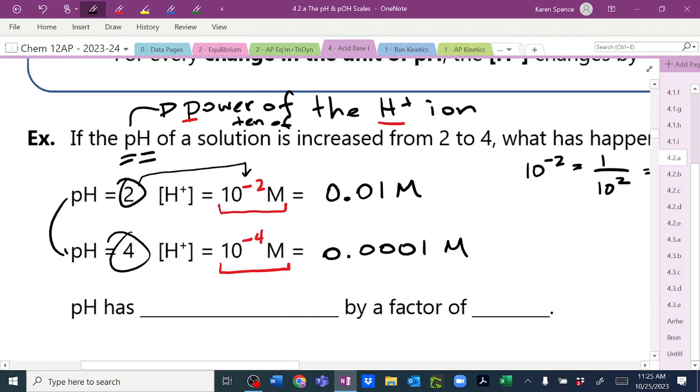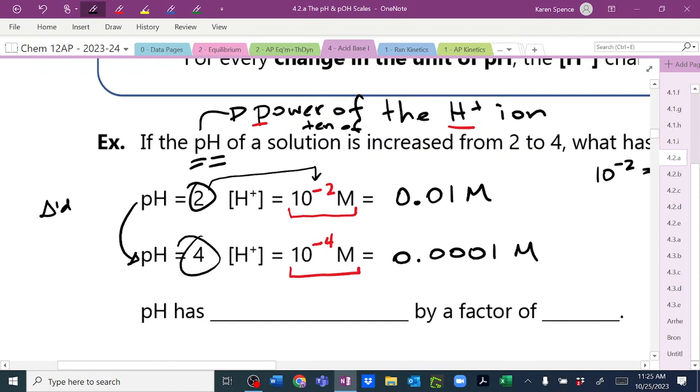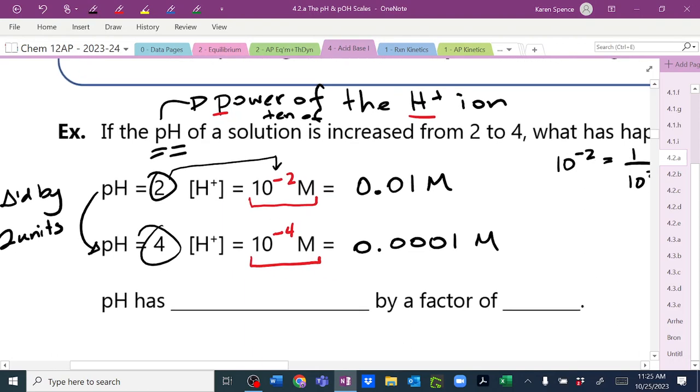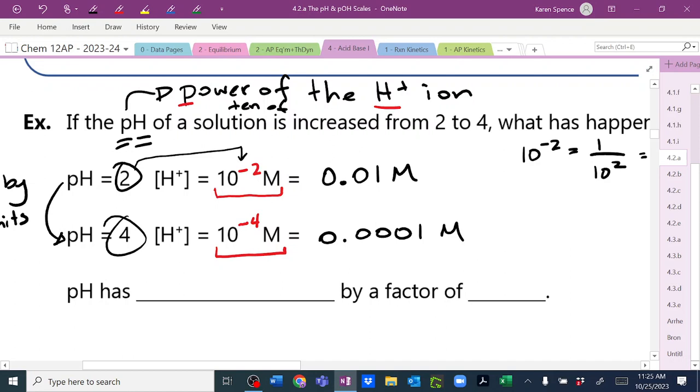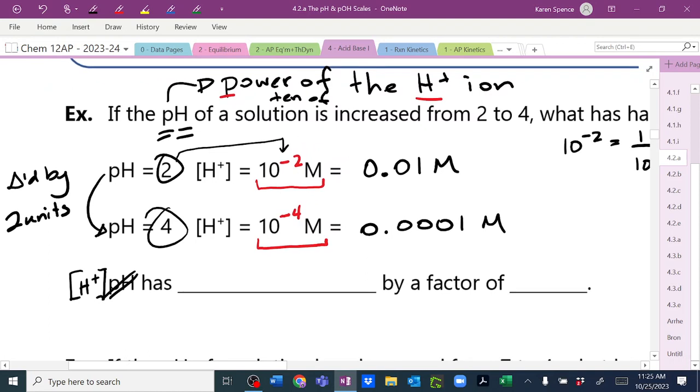So pH changed by 2 units. Hydrogen ion, this should say hydrogen ion, not pH. Hydrogen ion has increased or decreased? Decreased. Remember, if pH gets bigger, hydrogen ion gets smaller.